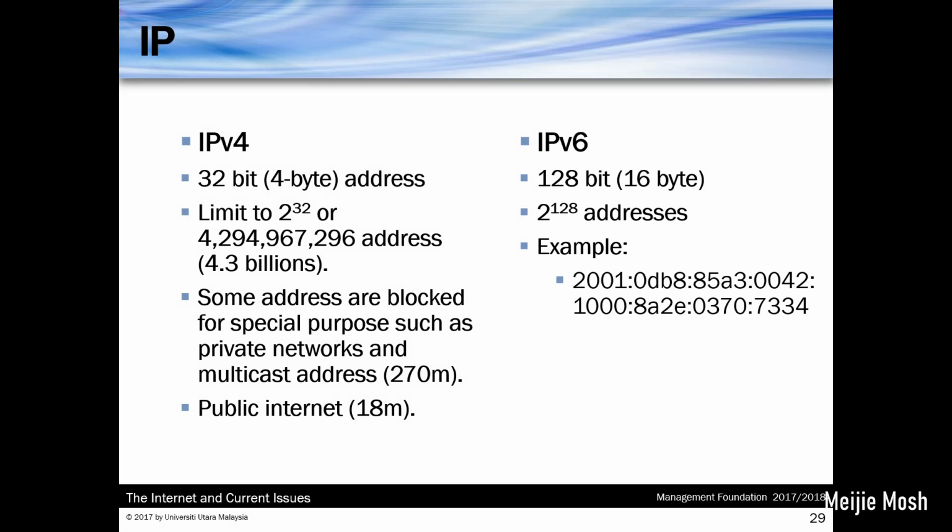IPv4 limits its address to 32-bit or 4-byte address, which is equivalent to 2 to the power of 32, or 4.3 billion addresses. Some of these addresses are blocked for special purposes, such as private network and multicast addresses, which account for 270 million addresses, and those used for the public internet are 18 million addresses.